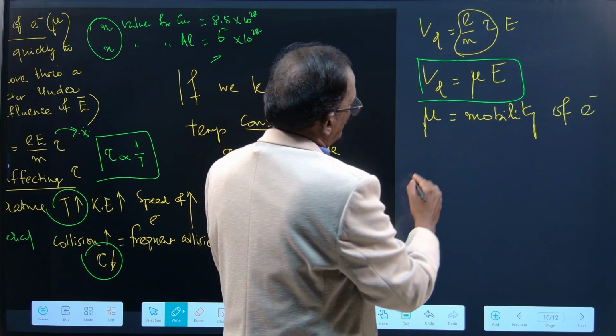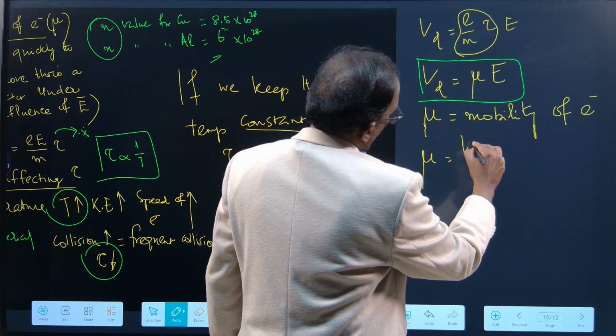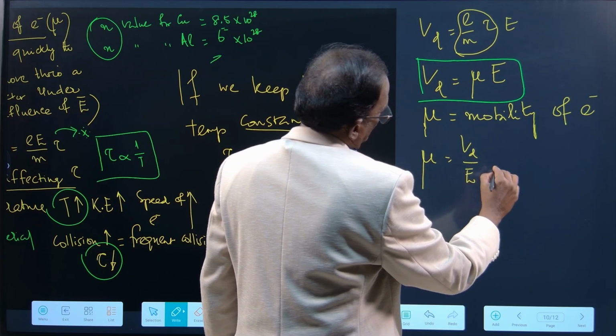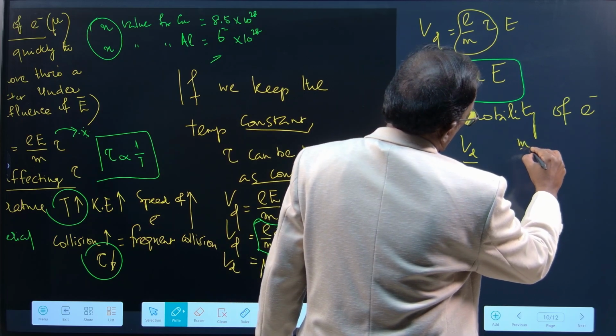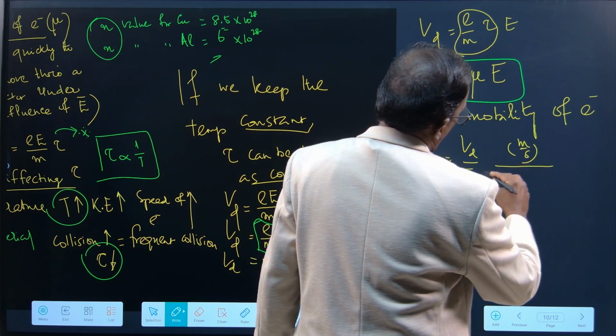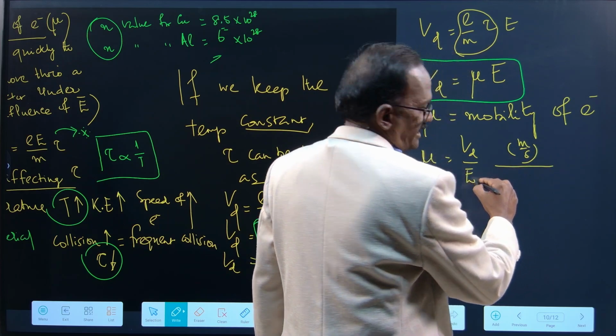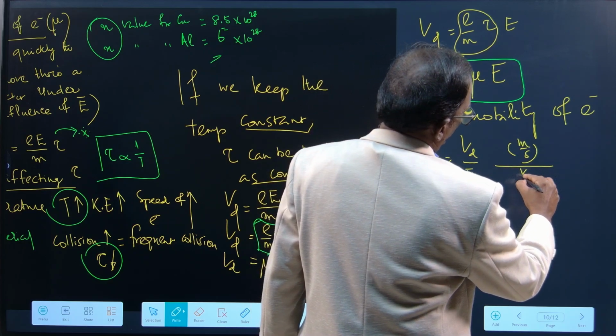From here we can write what mu is. Mu is equal to Vd by E. Its unit: Vd is meter per second, and E is equal to V by L, voltage per meter.